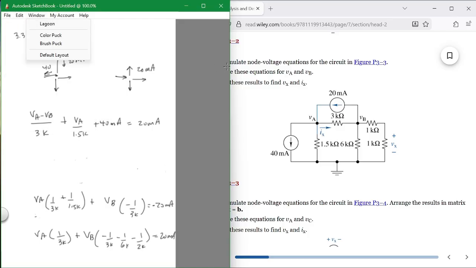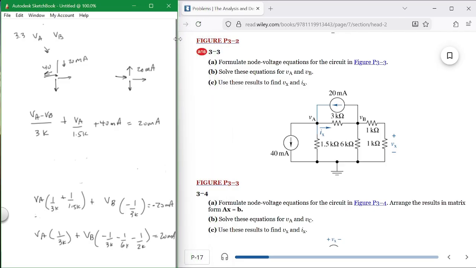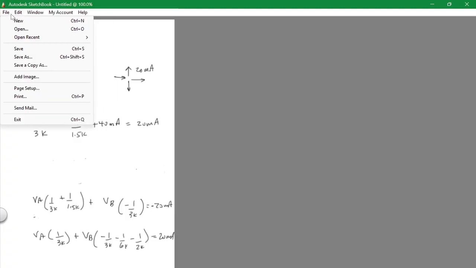I expand this out to make it the whole size of the whole thing. I don't know how to make it bigger.